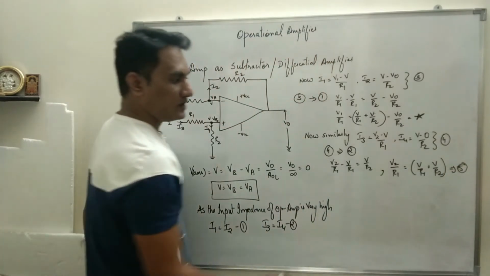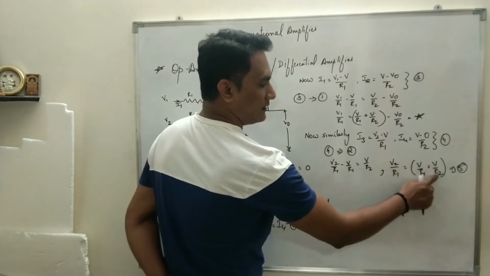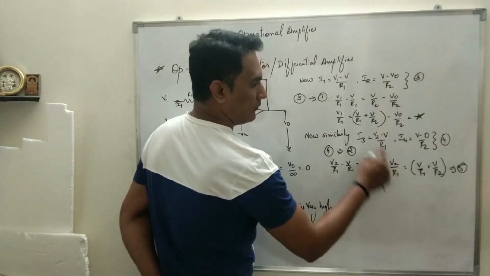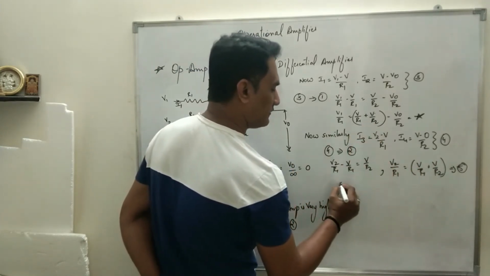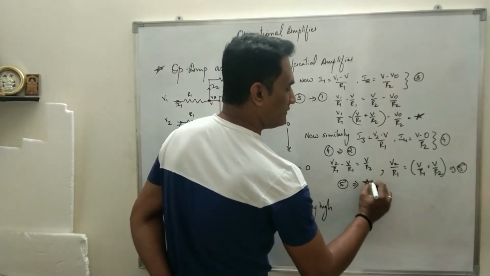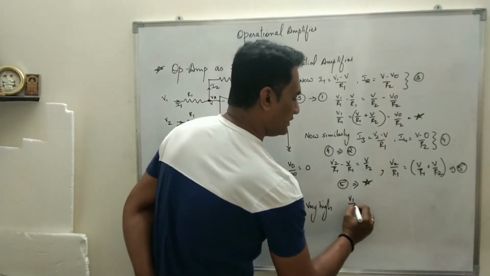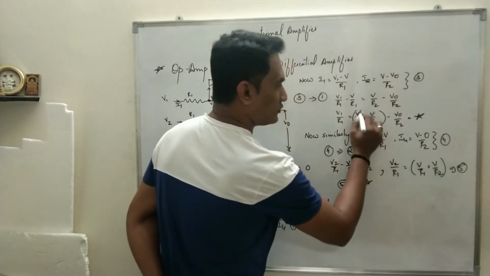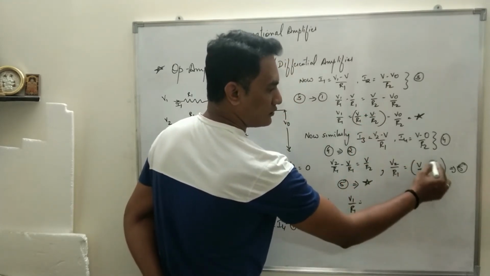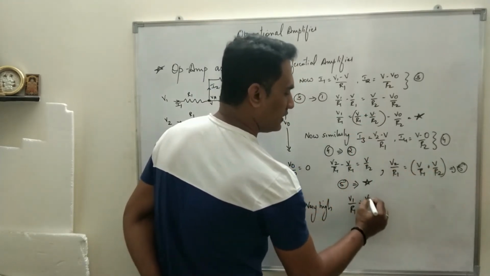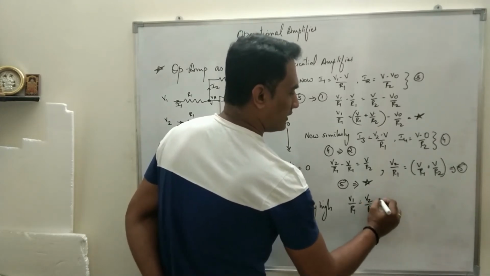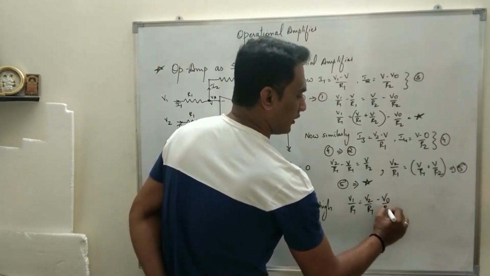So V upon R1 plus V upon R2 can be replaced by V2 upon R1 in this equation. So substitute the value of 5 in star. So what you get is V1 upon R1 equals, what is V upon R1 plus V upon R2? According to equation 5, it is V2 upon R1 minus V0 upon R2.